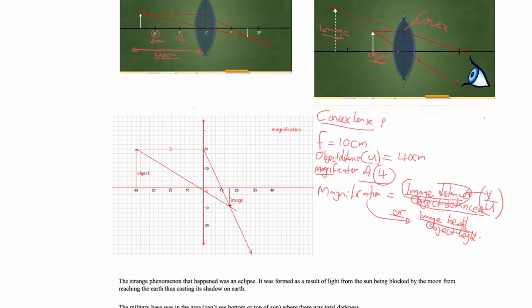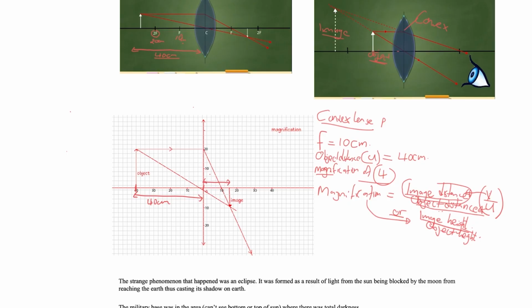Now, this is going to be our graph paper. We shall measure the distance, of course, from this point to this point. We say this is U, and our U is going to be 40 centimeters. Now we shall measure another distance from our lens to the image.